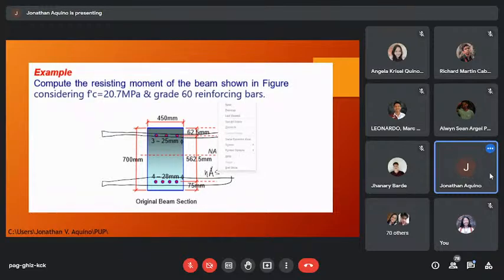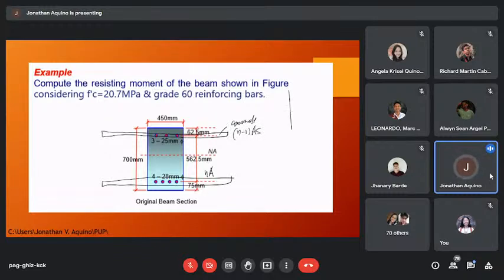Okay? But for compression steel, the capacity of the compression steel is bigger than the capacity of tension steel. That's why in compression steel, the transform area is just equivalent to N minus 1 times AS.